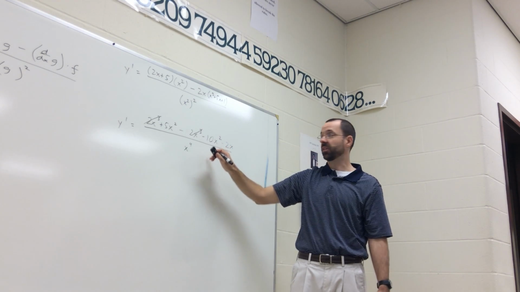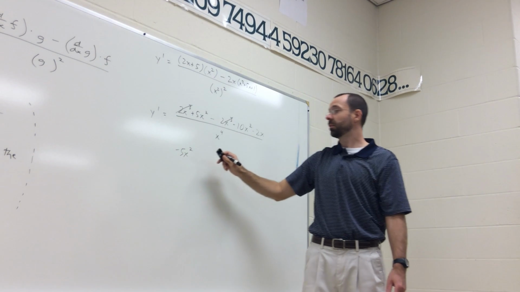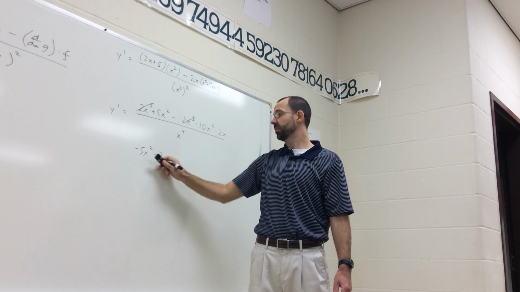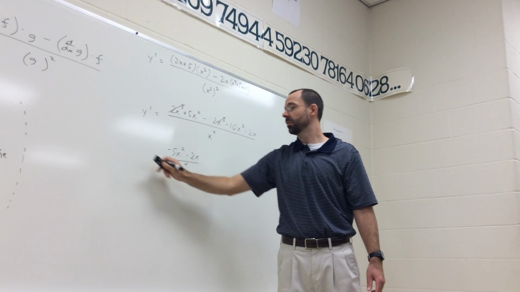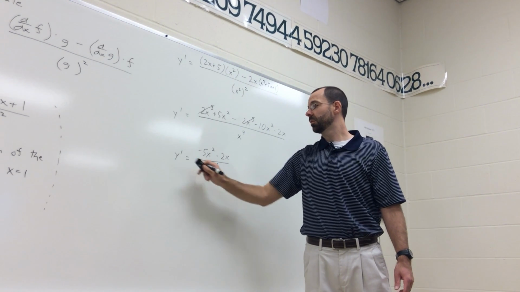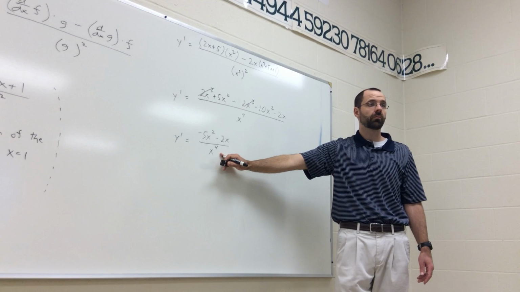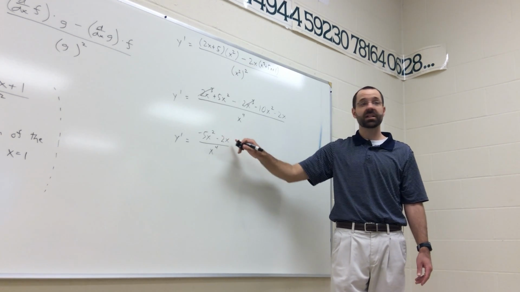So that's negative 5x squared. And there's also a minus 2x up there. Then I could pull an x out of the top.